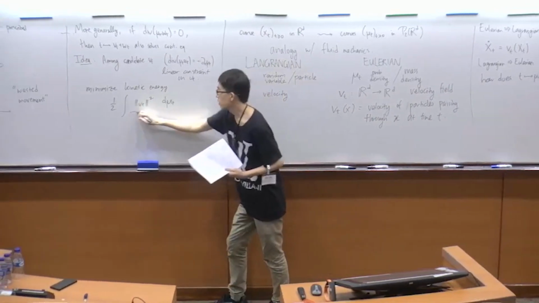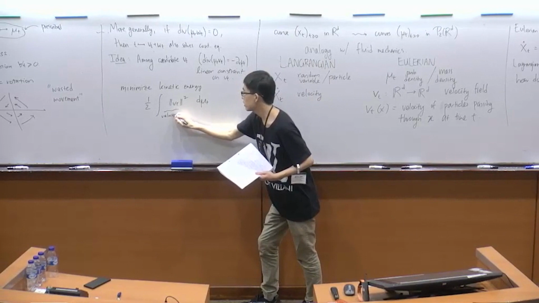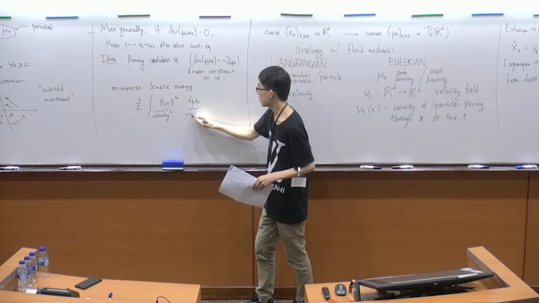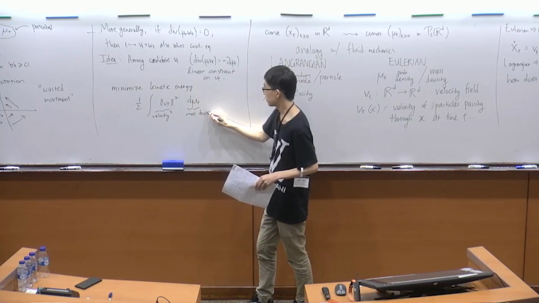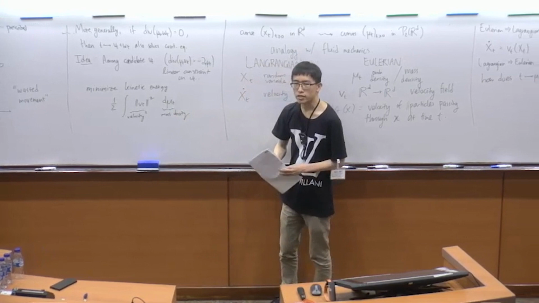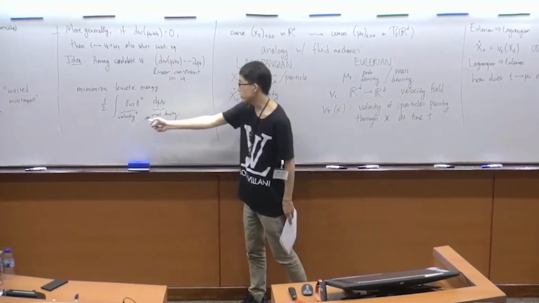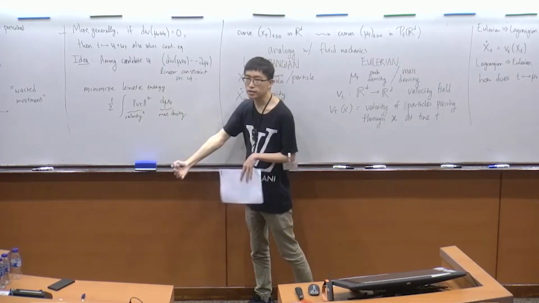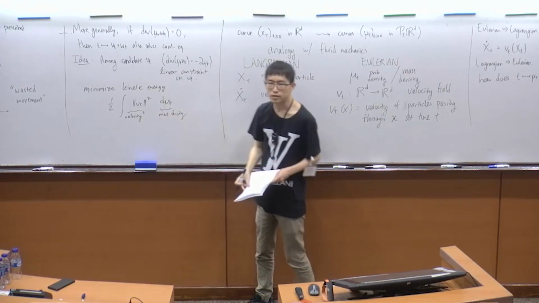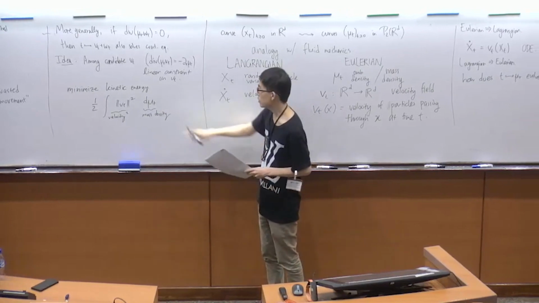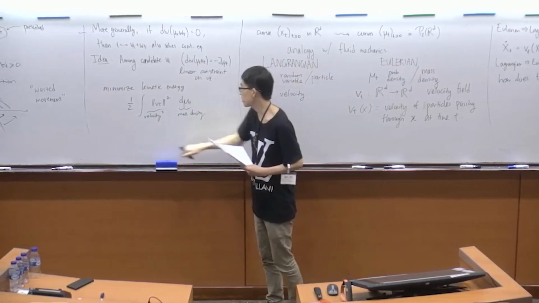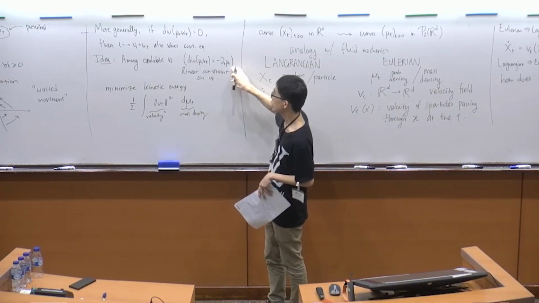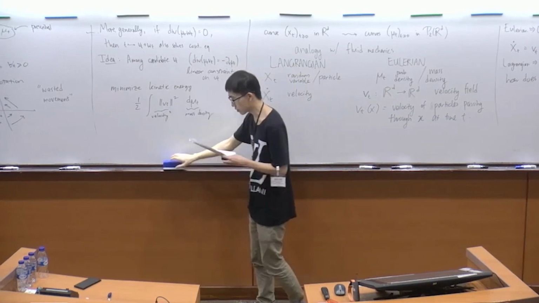And the reason why is, remember this is supposed to be the square norm of the velocity, and then mu-t is supposed to be the mass density. And hopefully you know enough physics that 1/2 times the velocity squared times the mass gives you the kinetic energy. So this integrand is the kinetic energy density, and then I have to integrate over all of space to get the total amount of kinetic energy. Okay, so this is the total amount of kinetic energy in this velocity vector field Vt, and I want to find the one that minimizes kinetic energy subject to explaining the evolution of my curve of measures.